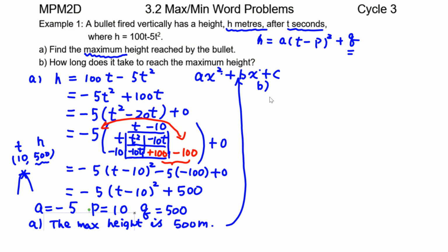For question B, once you have the vertex form, you have the time and the maximum height at the same time. So it takes 10 seconds to reach the maximum height. That is done.